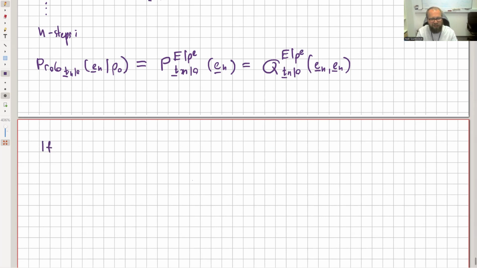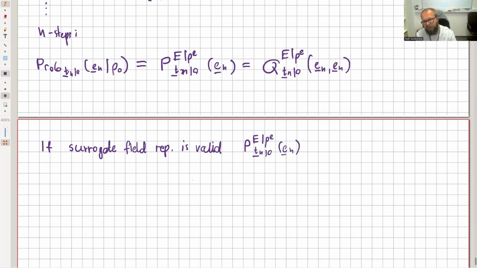If surrogate field representation is valid, P E rho E Tn En become consistent.